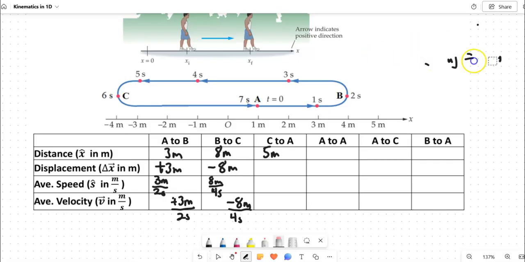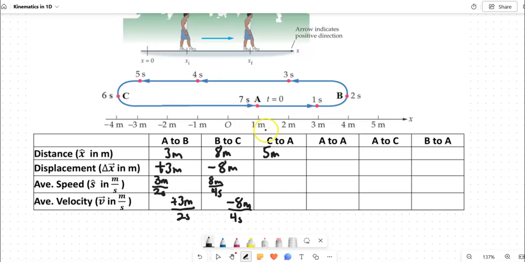We could calculate it using equations, which is good to do, but I like to do calculations after I've tried it out in my head. That way I know if the answer is weird in my calculations, I might have made a math error. So here, I started here, I would have walked 1, 2, 3, 4, 5.